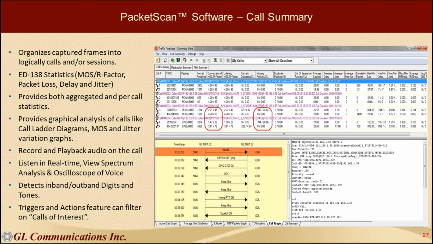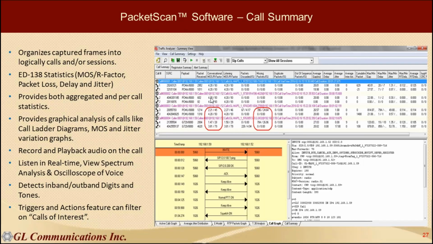And apart from this, it also provides the counters for PTT squelch, PTT summation, PTT mute, and SCT counters that have happened in the network. These counters are provided per call and also for the aggregated capture. We can also record and play the audio on the calls.